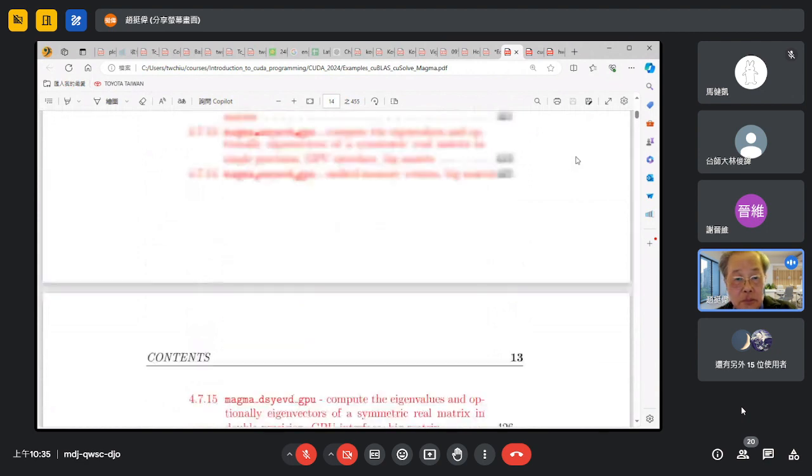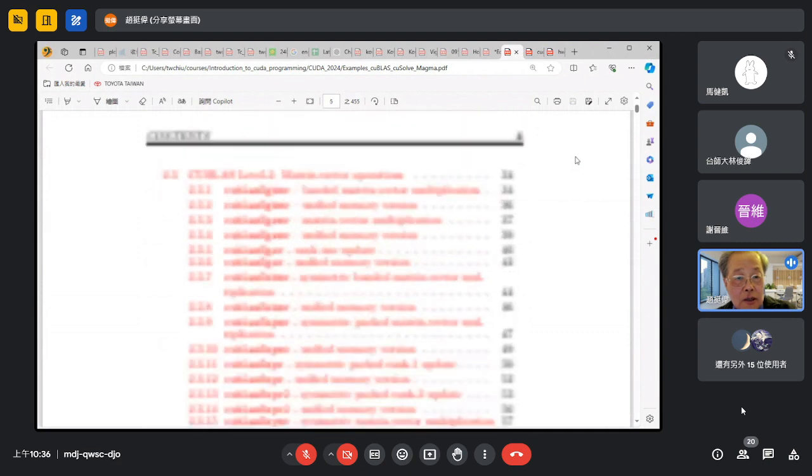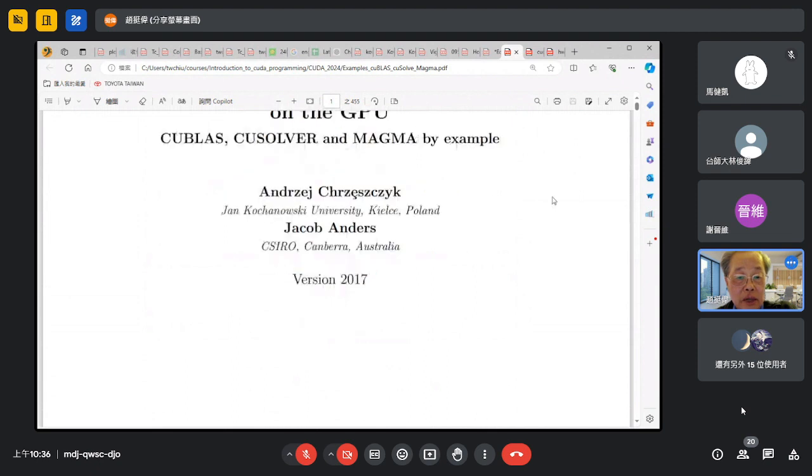This cookbook is already a few years old. You see, this is back in 2017, 7 years old.